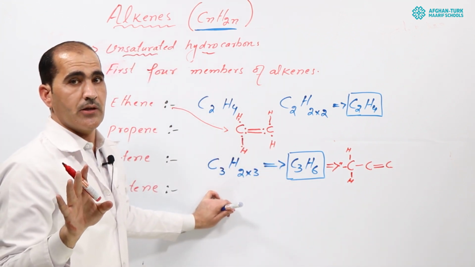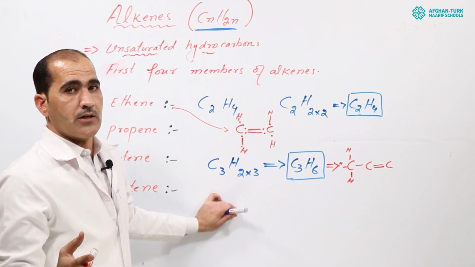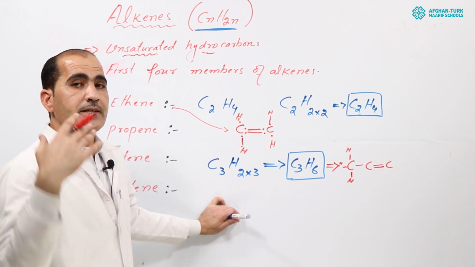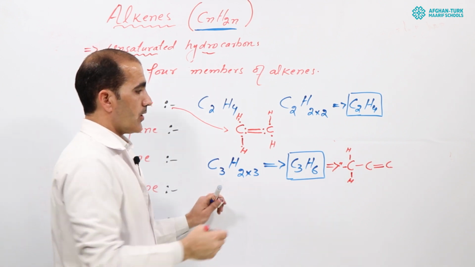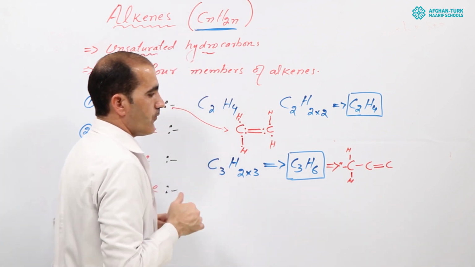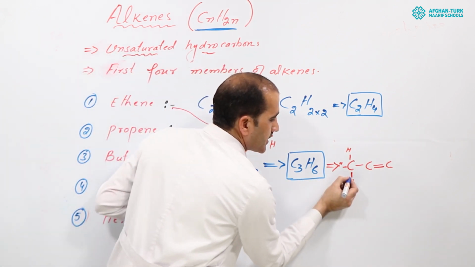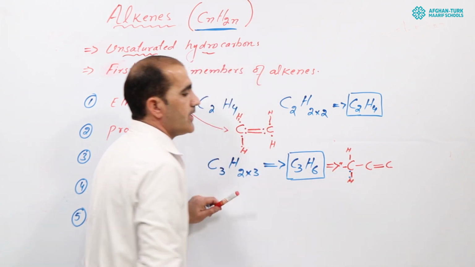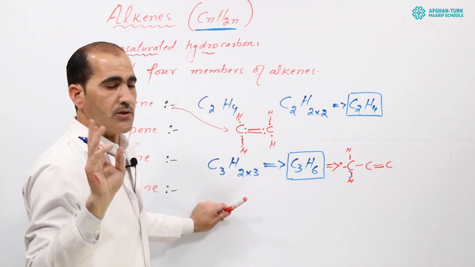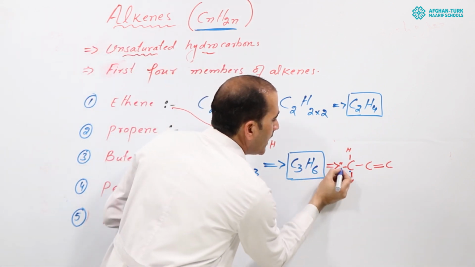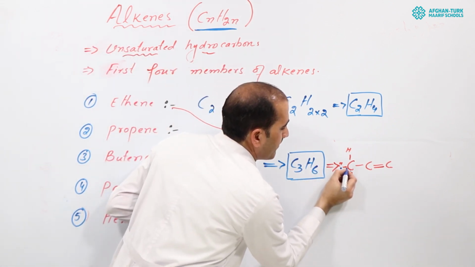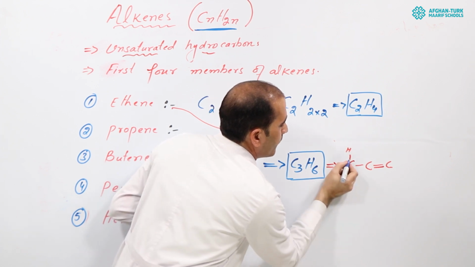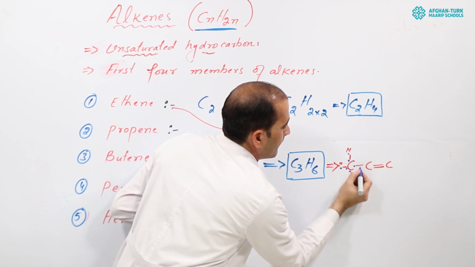Why? Because a carbon atom becomes stable with 8 electrons, not 4 or 6. How? You can count it easily for this carbon atom. A single line shows 2 electrons. So how many electrons here? 1, 2, 3, 4, 5, 6, 7, 8.